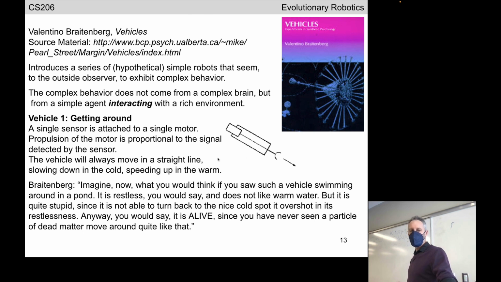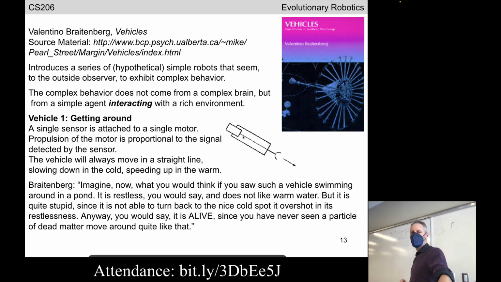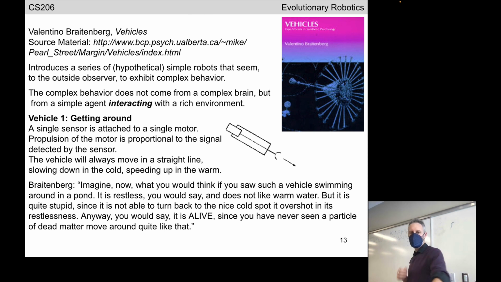We have one sensor that detects, in this case, temperature. And that sensor is attached to the joint that connects the wheel to the body with one wire. Yeah? One sensor, one synapse, one joint, one body part. It's about as simple as you can possibly get.